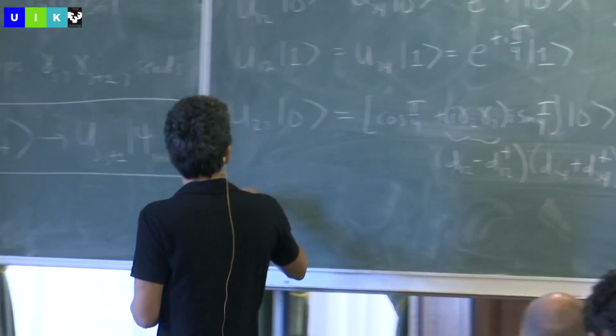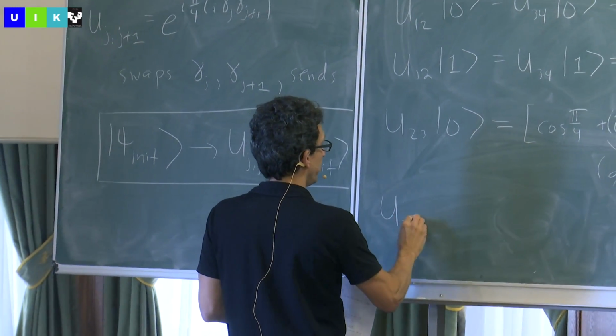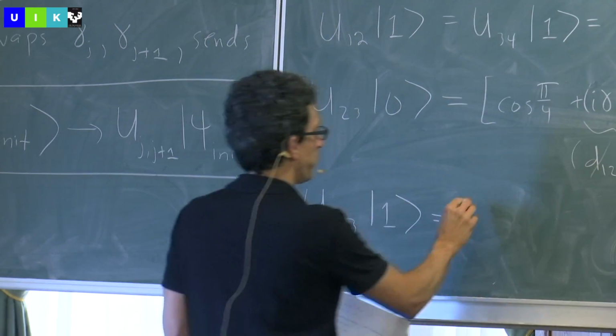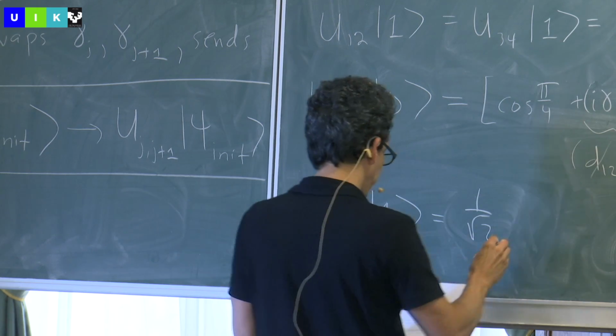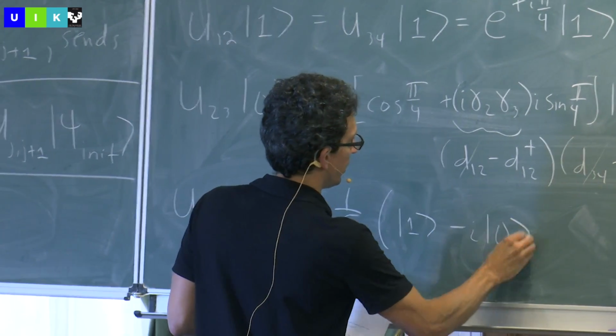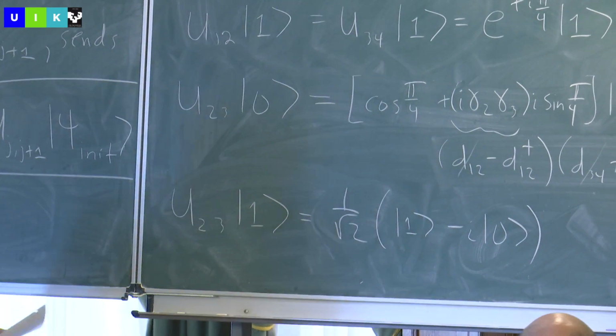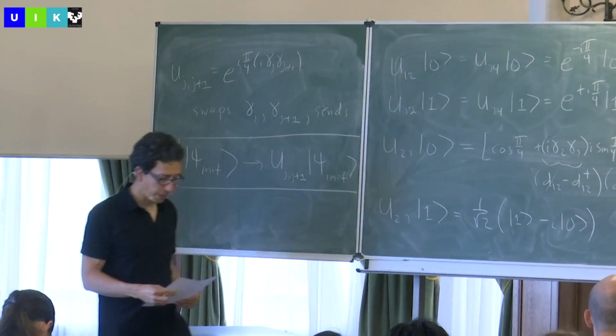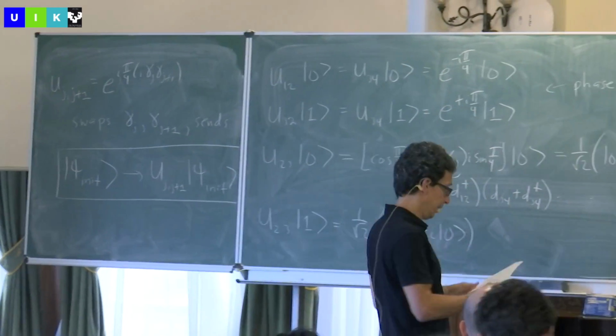So similarly, if you look at U23 acting on 1, this will produce 1 over the square root of 2 times 1 minus I 0. Okay, so this is a different kind of qubit operation that we have access to now compared to the phase gate.